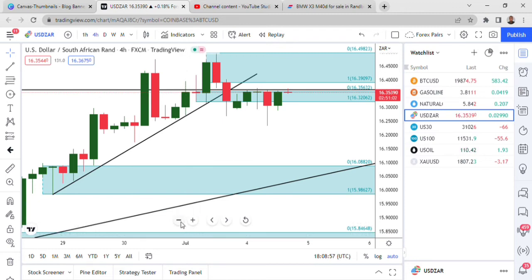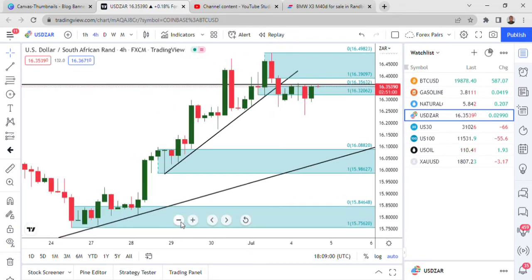Because the H4 bullish trend line has been broken, and also the H4 area of support has been broken, which means now if you get a reason to sell within this area of resistance, which is the H4 area of resistance that gave us a move that broke the H4 support and also broke the H4 bullish trend line, that's why I'm gonna give it a chance, so you can try and sell from there.